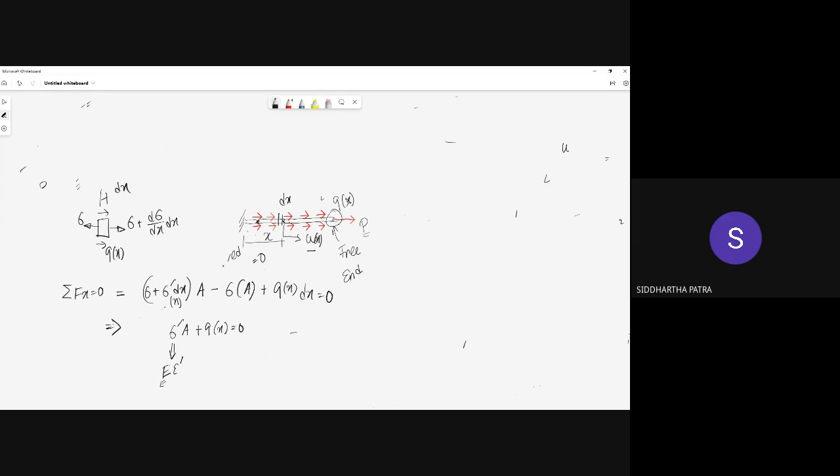So then this can be written as E times epsilon prime times A. Now epsilon prime, because epsilon is u prime, can be written as u double prime. So in the end, I have EA u double prime plus q of x equals 0 as a differential equation.